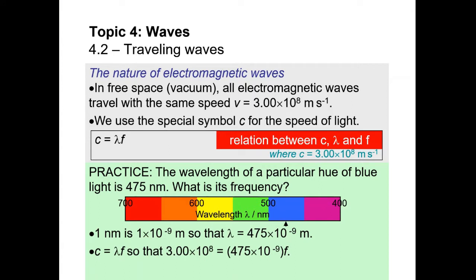And c equals lambda f, so 3 times 10 to the 8 equals 475 times 10 to the minus 9 times the frequency. The frequency equals 6.32 times 10 to the 14 hertz.